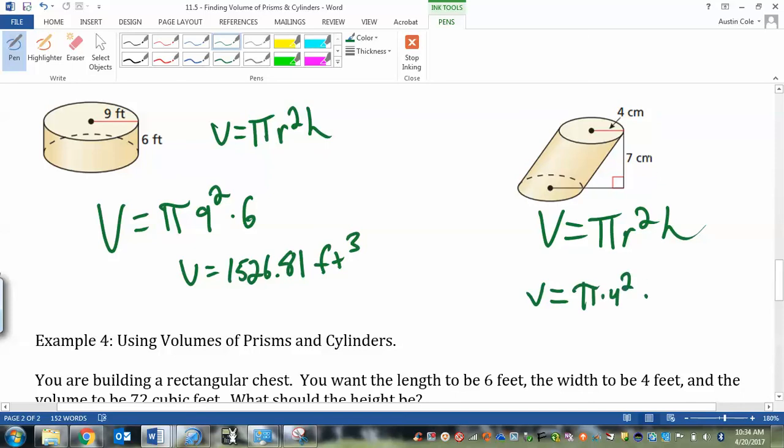And our height? 7. So volume equals? 351.86. Perfect. What's our unit going to be? Centimeters cubed, exactly.